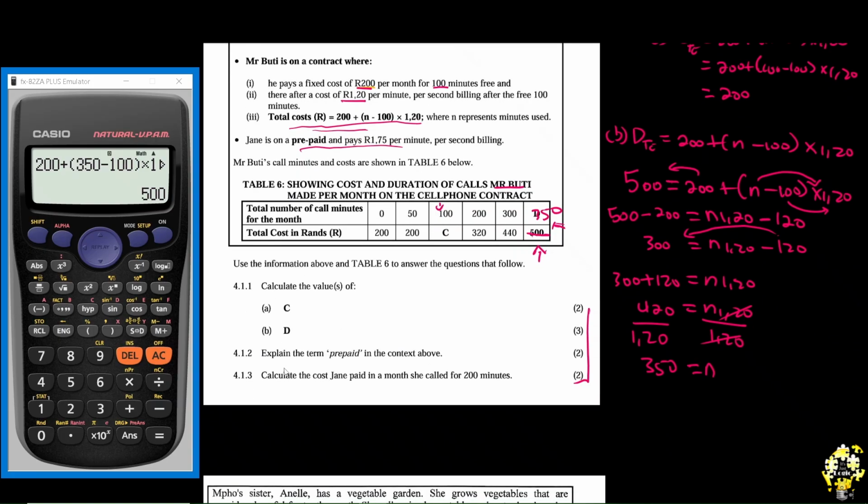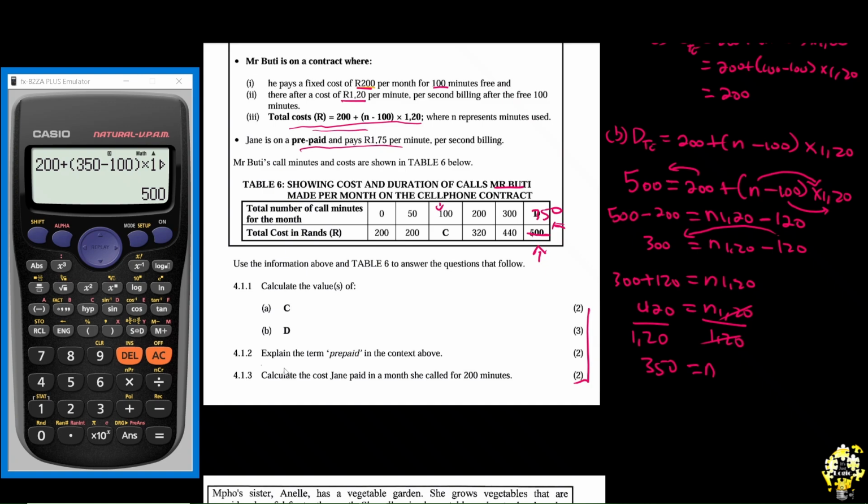Let's try 4.1.2. Explain the term prepaid in this context. So let's start with prepaid before we put it in this context. Prepaid, it's you pay before usage. You must pay in advance.